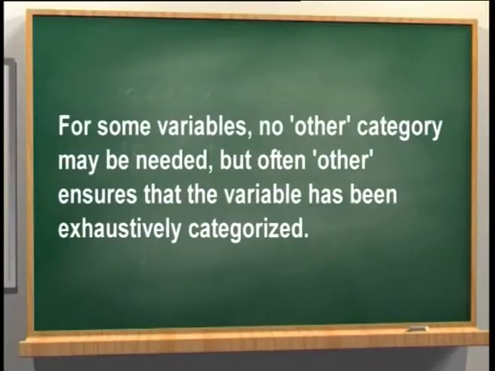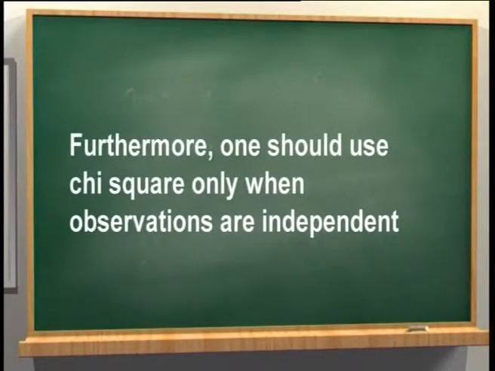Any observation must fall into only one category or value on each variable. For some variables, no other category may be needed, but often an other category ensures that the variable has been exhaustively categorized. In any case, one must include the results of the whole sample. Furthermore, one should use chi-square only when observations are independent.